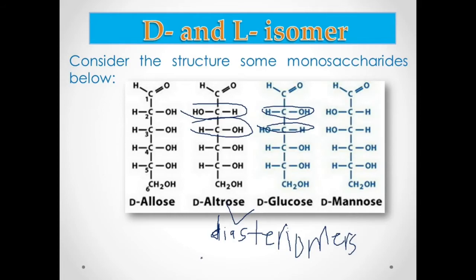But the main definition for diastereomers is that they are actually non-mirror images, and therefore they are non-superimposable.